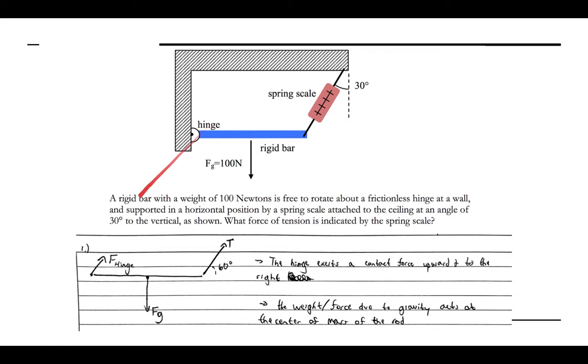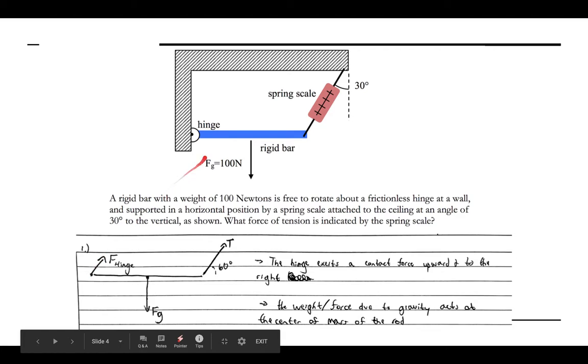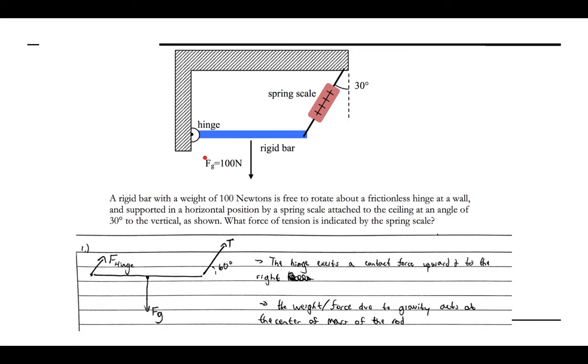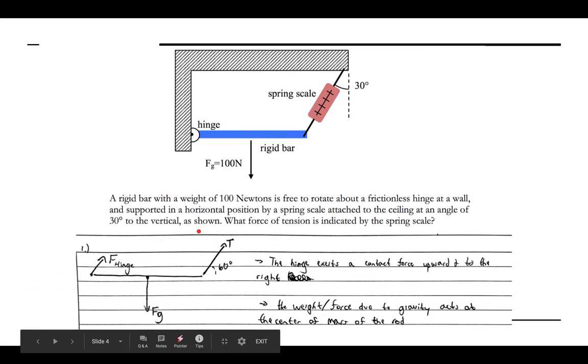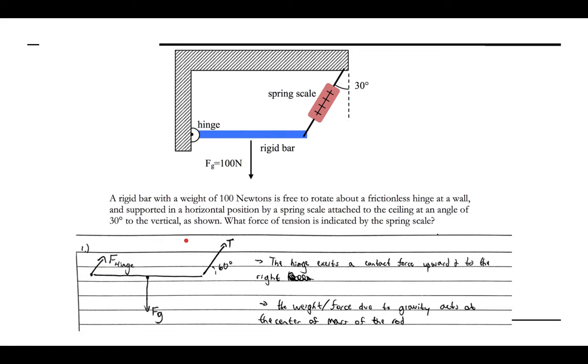If you're asking why it acts at an angle instead of straight up, the hinge is going to be pushing upwards in order to prevent our bar from falling, and it's also going to be applying a force to the right in order to counteract the force of the spring scale. Let's see here, actually, do I have that right? I may have my force of the hinge acting in a slightly wrong direction, no, it's in the right direction here.